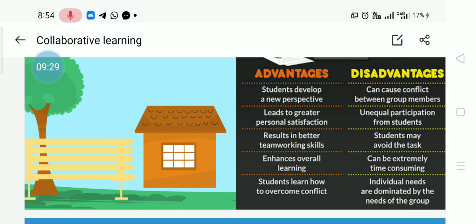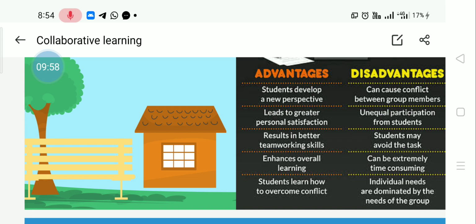In the advantages section, students develop a new perspective and it leads to greater personal satisfaction, results in better team working skills, enhances overall learning, and finally students learn how to overcome conflicts. At the same time, we move on to the disadvantages.